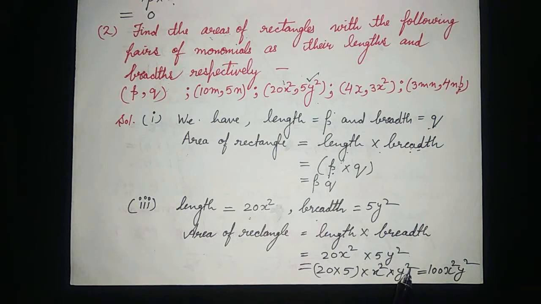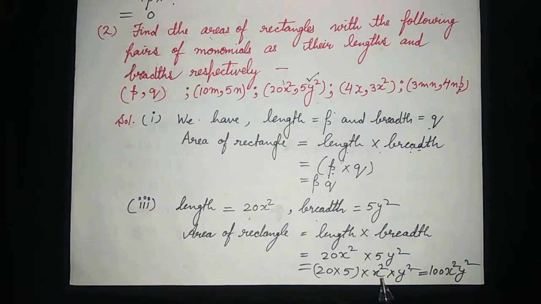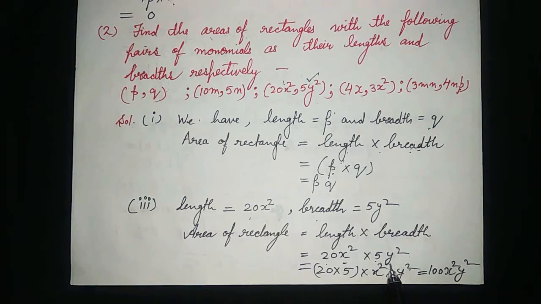Now we will multiply. You know that for such type of case, what we will multiply first? We will multiply first numerical coefficients. So 20 and this 5 we will write together, and then we will write their variable parts.